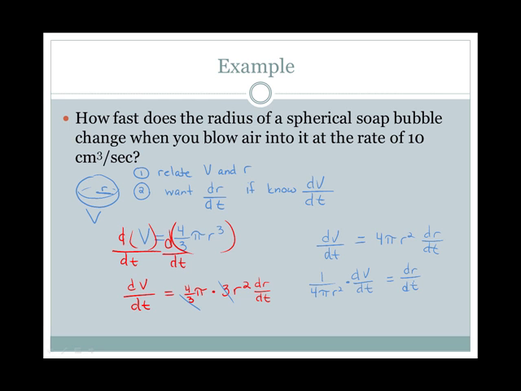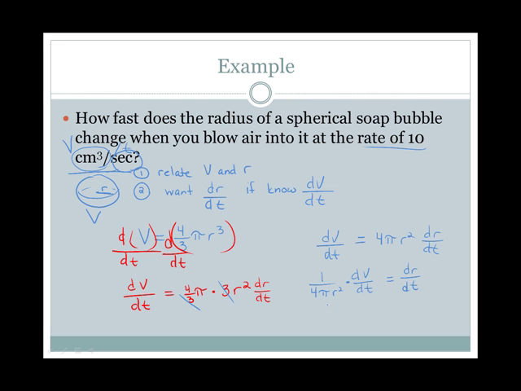Okay. And so what if we are increasing the volume at a rate of 10 centimeters cubed per second? We know that's a dV/dt because centimeters cubed is volume, seconds is time. So if it's a rate of change in centimeters cubed per second, that's our dV/dt.